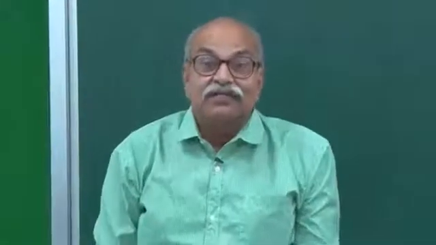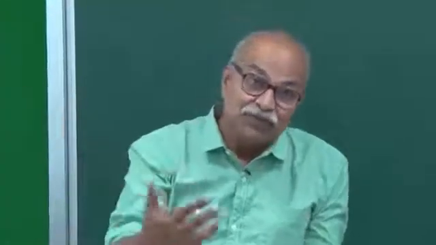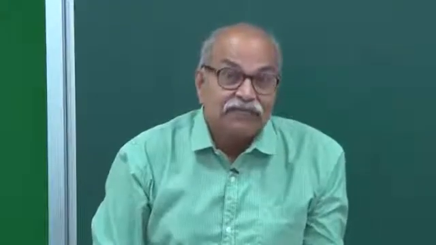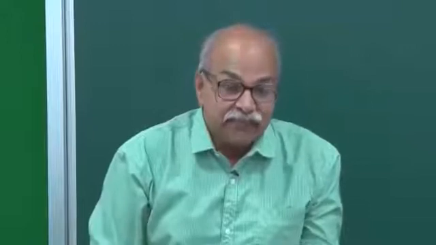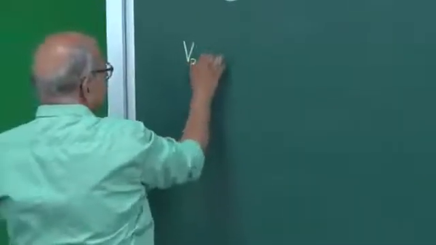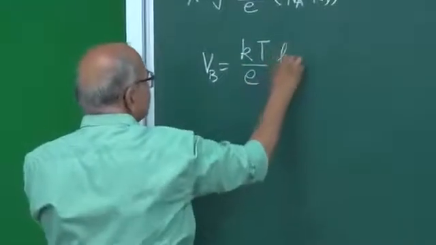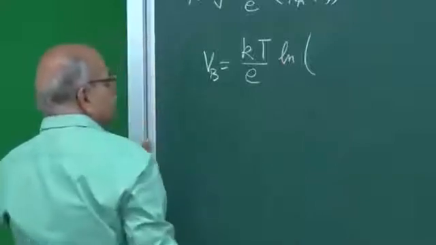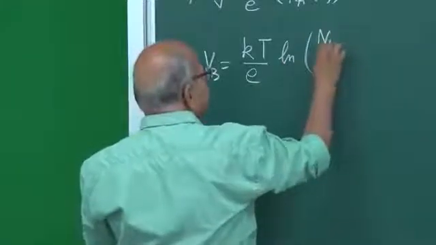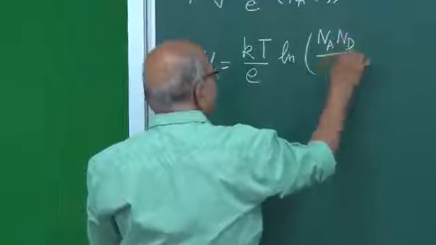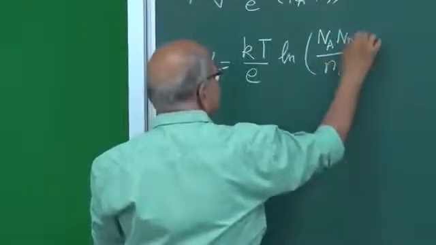So, I will not give you those derivations, but I will give you the expression for this VB in terms of those impurities and the temperature. And that is, this VB is KT divided by E, then log, on the natural base, of Na Nd over small ni square.